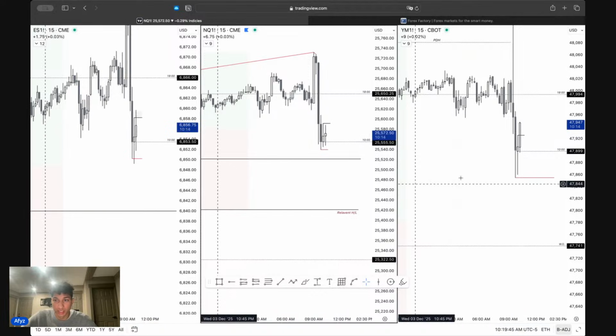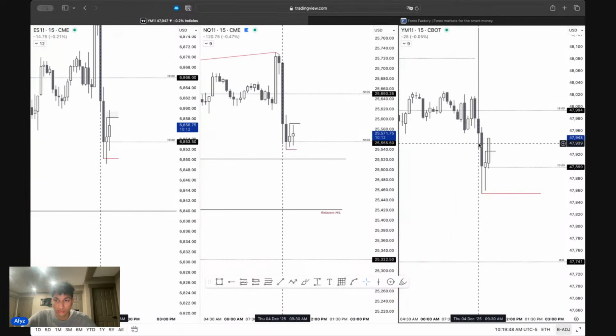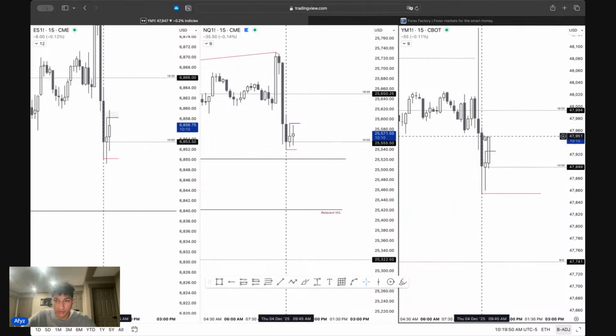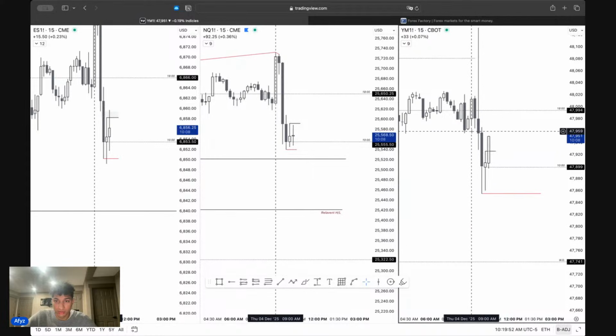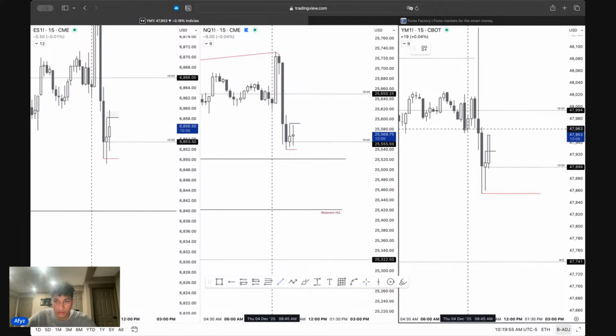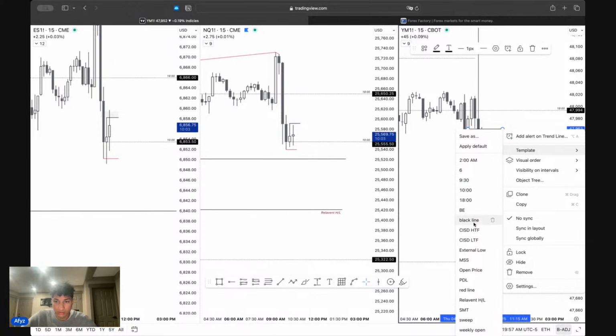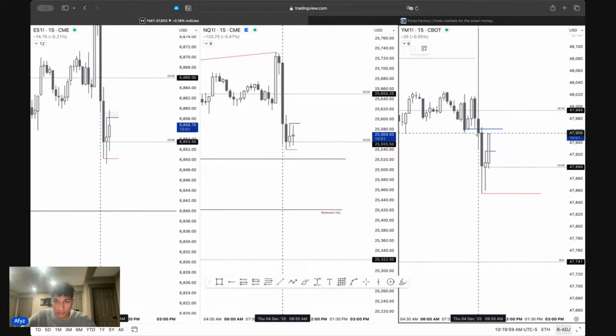Nasdaq or ES would be the only assets I short though. And it might be once Nasdaq, YM comes in and takes out this high, right? With this opposing run. Sweeps out this high.